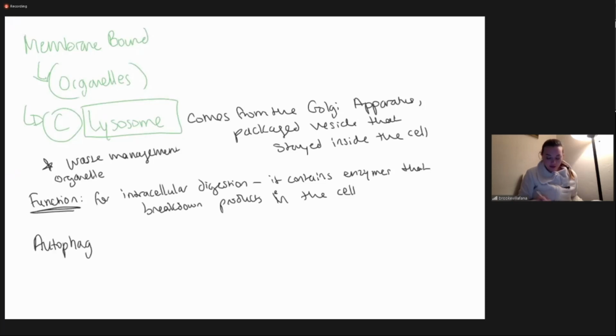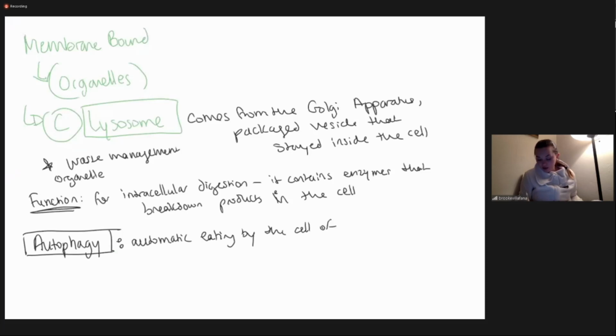That's different than the automatic normal process. So autophagy is automatic eating by the cell of damaged organelles or waste products.